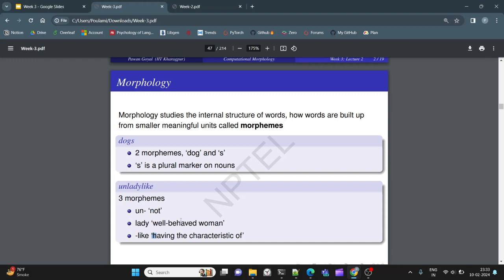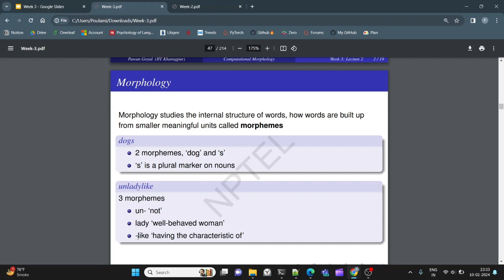Lady means a well-behaved woman. Here, lady is the root of the word. It carries the core meaning, and that is modified based on the prefixes and suffixes that are present. Like means having the characteristics of. For example, when we say humanlike, it means like a human, having the characteristics of a human.